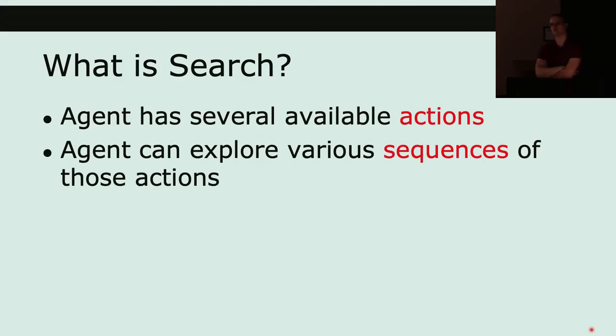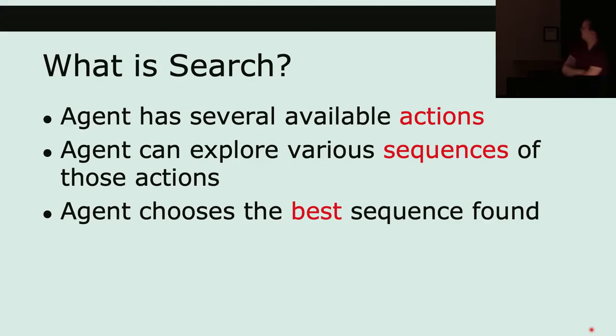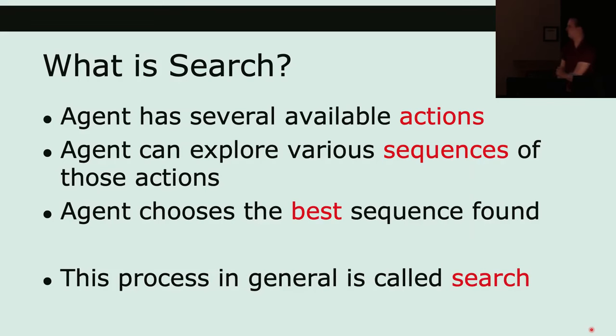So I'm going to try maybe going up, then left, then right, for example. And the agent, after it has explored various sequences of actions, is going to choose the best sequence that it found. And this process, in general, is called search. Try a bunch of things, choose the best thing that you try.